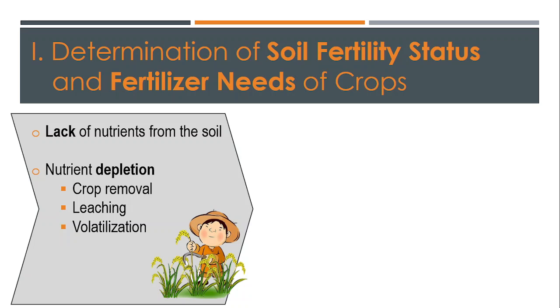And kung ma-convert yan to gas, it becomes ammonia or nitrogen gas. So if that becomes gas, it will be lost to the atmosphere. The next one is soil erosion. This can be due to several factors such as the action of water, wind, or gravity.